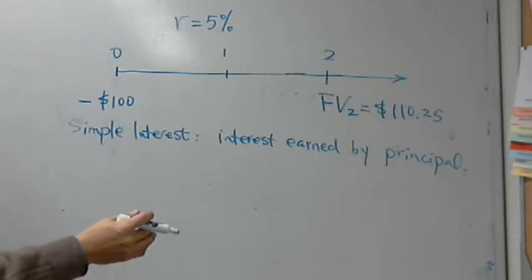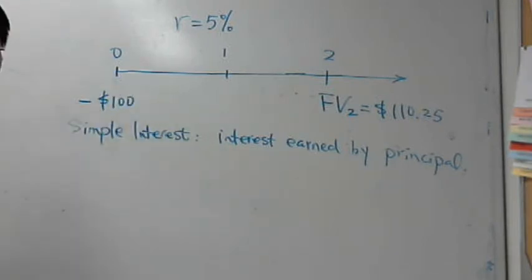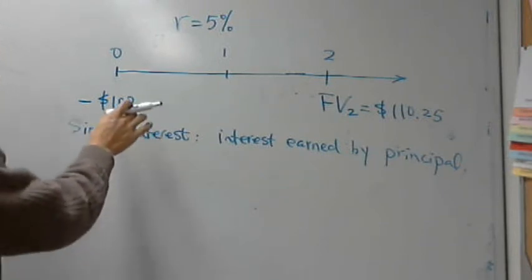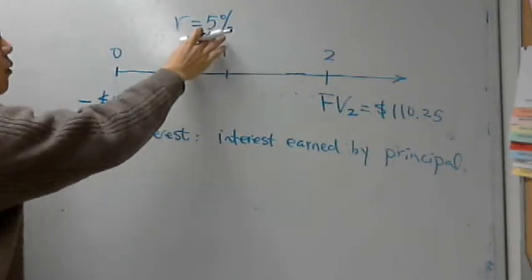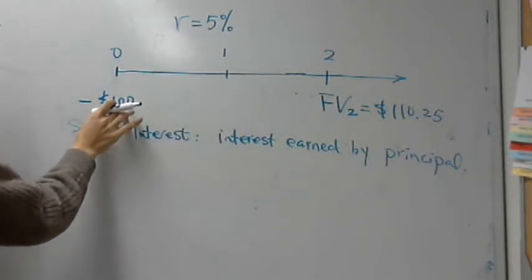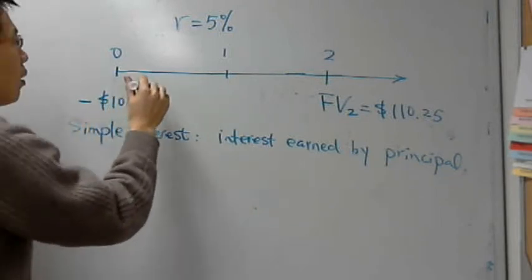The principal in this example is $100. The principal is the initial deposit. Given the interest rate is 5% per year, how much interest can this principal generate in the first period? This is very simple. $100 earns 5%, so in the first period, the interest earned by the principal is $5.